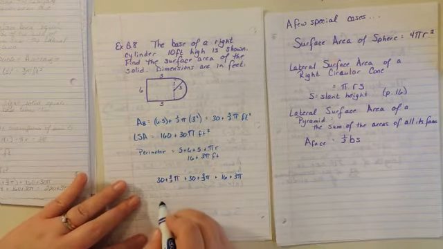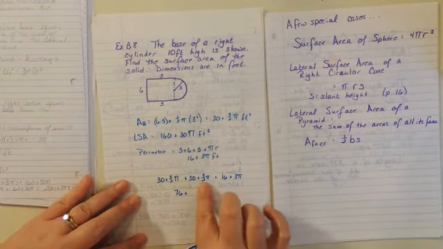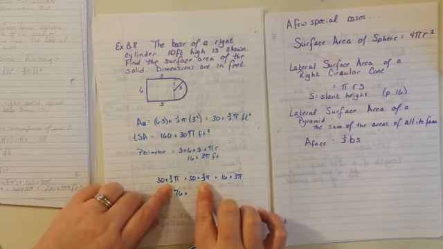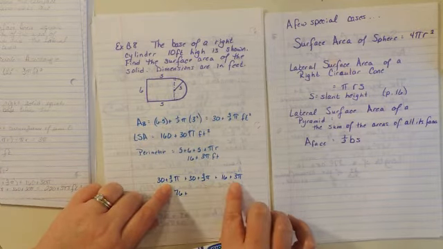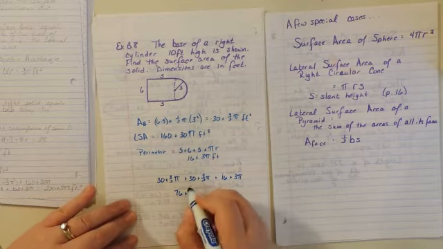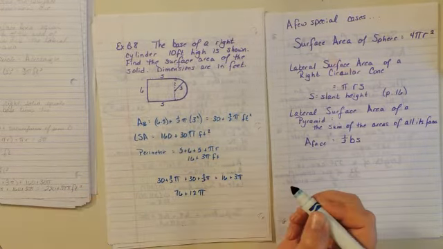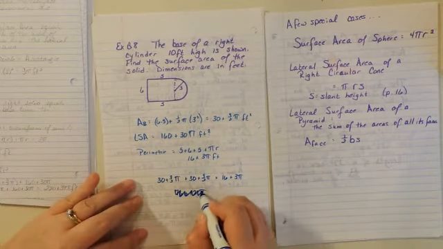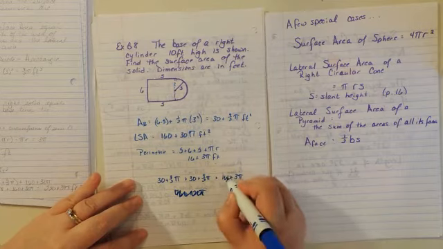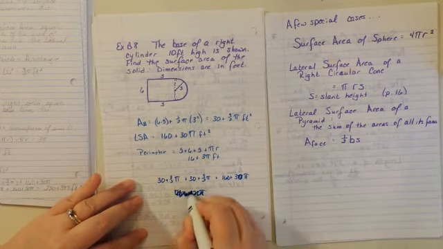Okay, so this is 76 plus 9/2 plus 9/2 is 18/2, which is 9. So 9 pi plus 3 pi is 12 pi. What did I do? Sorry, back that up. This is 160 plus 30 pi. I used the wrong thing.